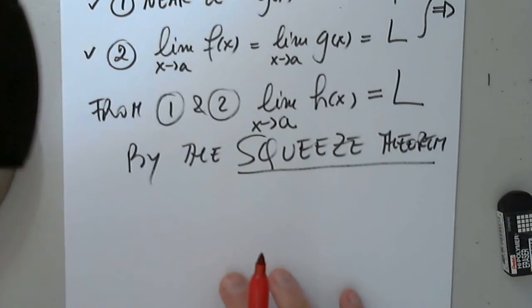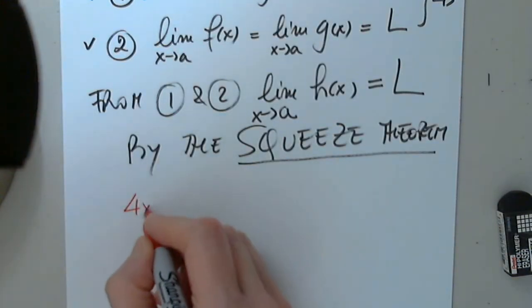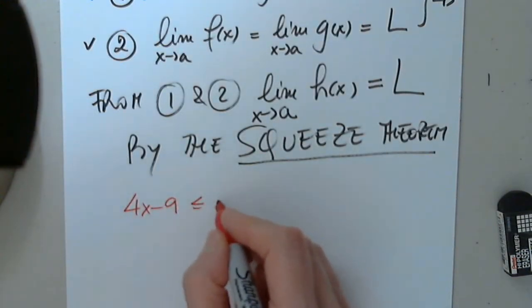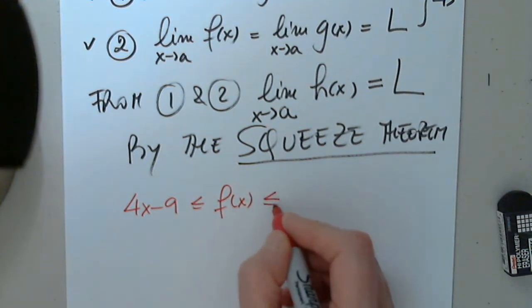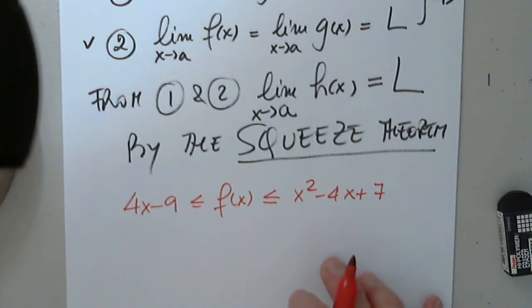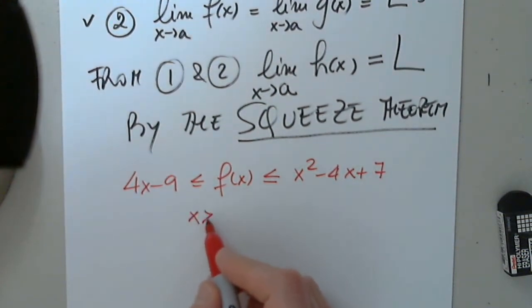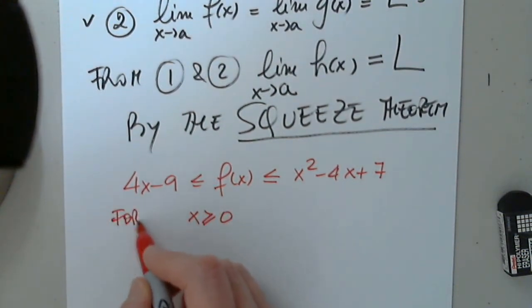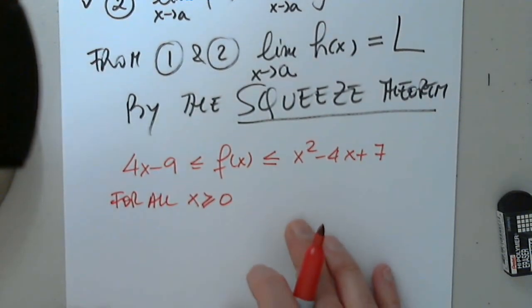Let's say we are told that 4x minus 9 is less than or equal to f of x and is less than or equal to x squared minus 4x plus 7, for all x greater than or equal to 0.